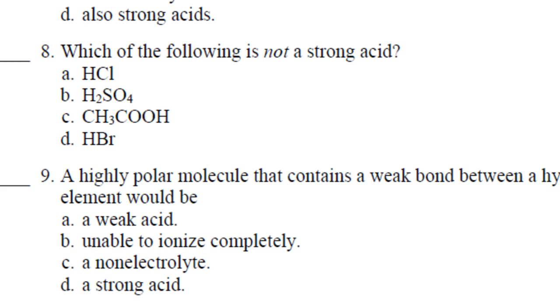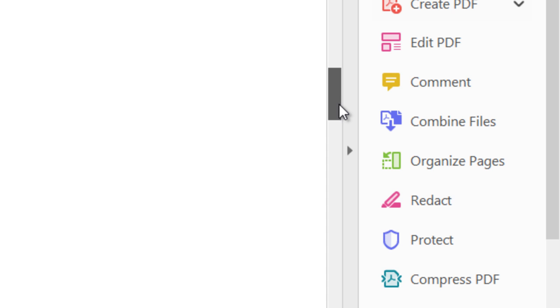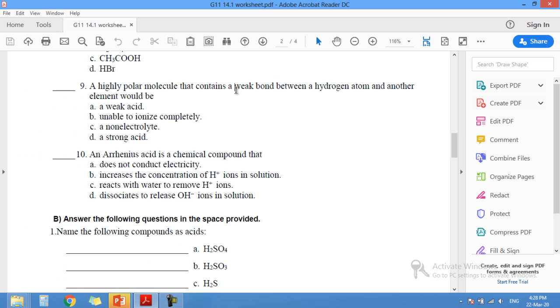9. A highly polar molecule that contains a weak bond between a hydrogen atom and another element would be: A, a weak acid; B, unable to ionize completely; C, a non-electrolyte; D, a strong acid. It contains a weak bond between a hydrogen atom and another element.